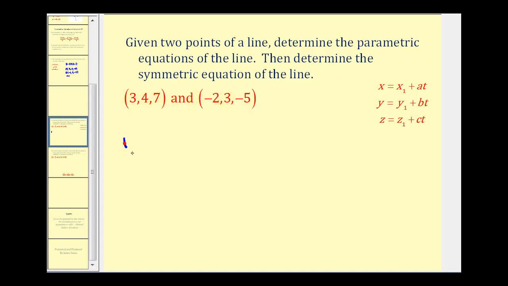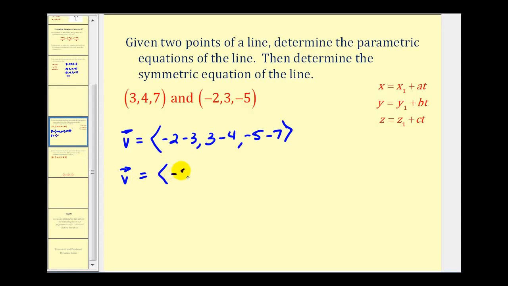So we'll call our directional vector vector v, where the x component will be -2 minus 3, the y component will be 3 minus 4, and the z component will be -5 minus 7. So our directional vector, which will give us a, b, and c, will be -5, -1, and -12.